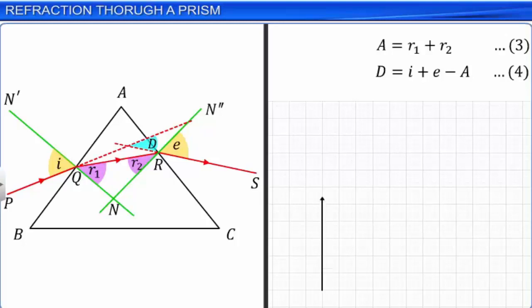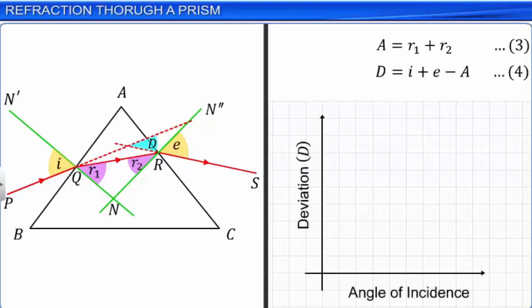If the variation of the angle of deviation is plotted against the angle of incidence, the graph is as shown. As the angle of incidence increases, the angle of deviation initially decreases, reaches a minimum value, and then increases. The minimum value of deviation is represented by dm and is known as the angle of minimum deviation.